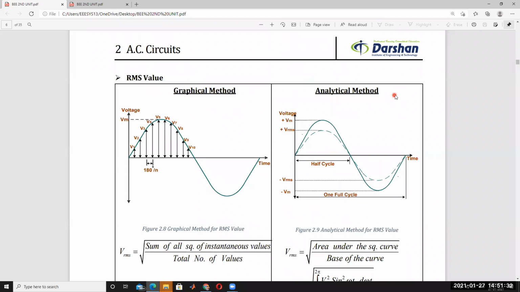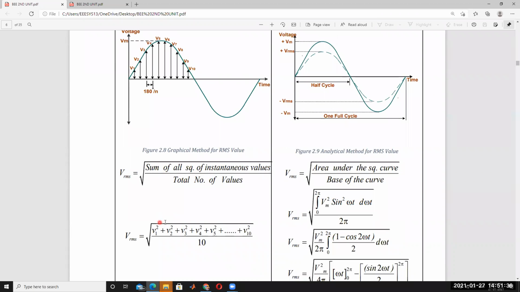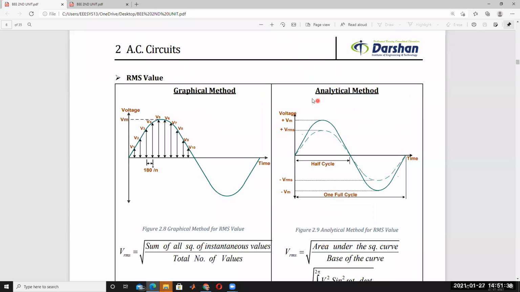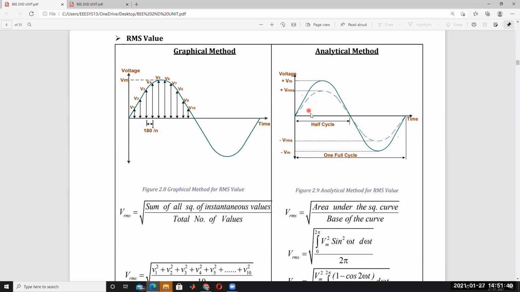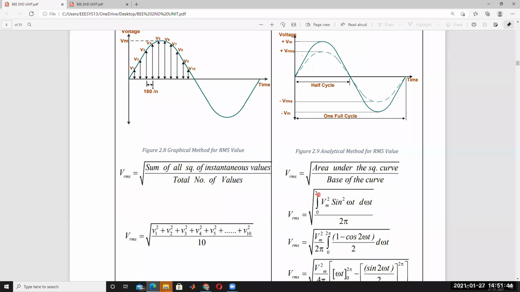In the graphical method we take only half the cycle with instantaneous values, but in the analytical method we take the full cycle: 0 to 2 pi of Vm squared sin squared omega t d omega t, divided by 2 pi.